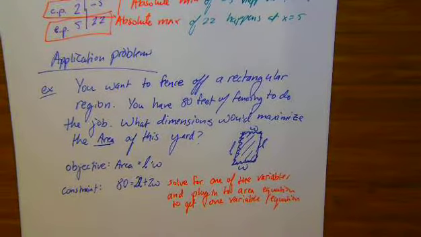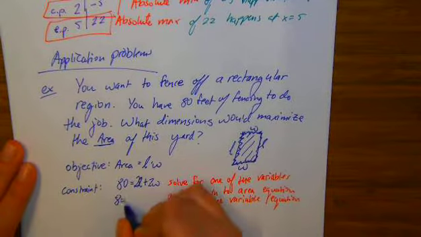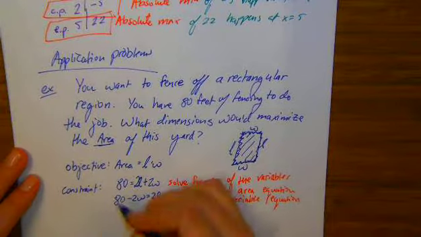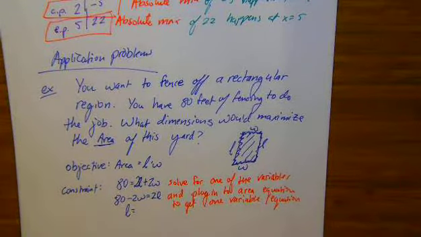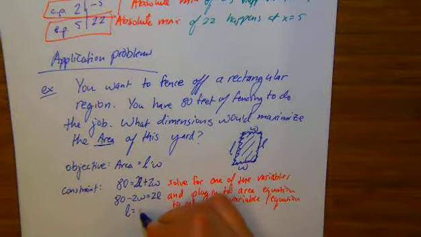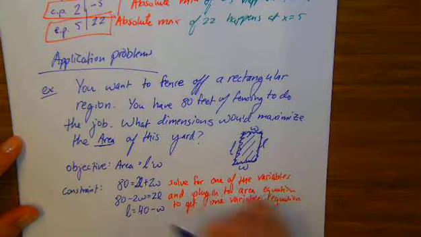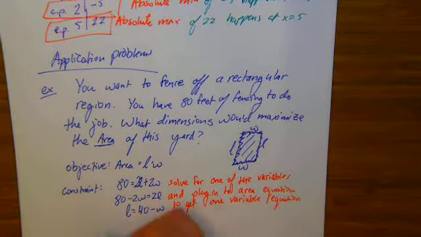Okay, so let's say we solve for L. Okay, and then last step, what does L look like? Okay, so I'm dividing everything by 2, I'll get 40 minus W. Okay, now I'm going to plug this into my area equation.